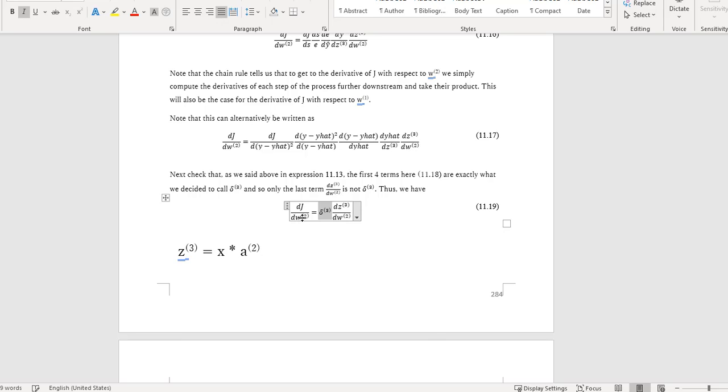So we could say that this depends on A2. In other words, if A2 is bigger, then this will be bigger, and if A2 is smaller, then this will be smaller. And this is the derivative that we're seeking. It's the derivative that's going to allow us to update weights.